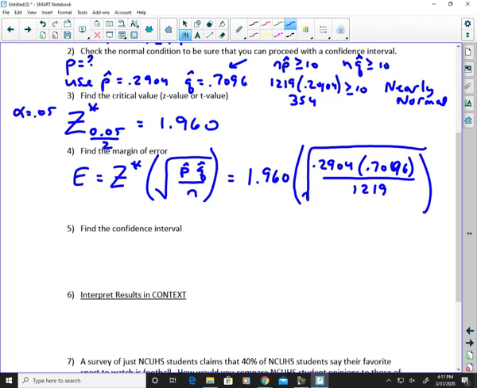So I'm going to punch that in the calculator just because I want to make sure that I don't mess it up.